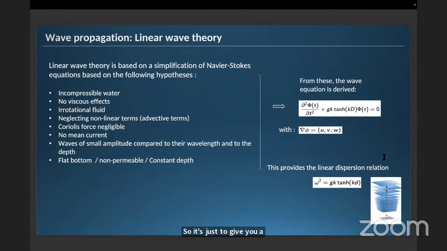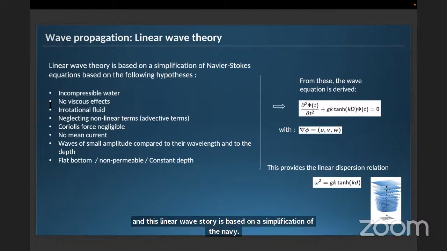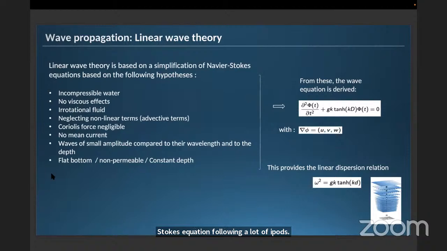So how do these waves propagate, actually? To study and model the wave propagation, we can use the linear wave theory first. And this linear wave theory is based on a simplification of the Navier-Stokes equation, following a lot of hypotheses. So here you have the various hypotheses that are used, that are listed.